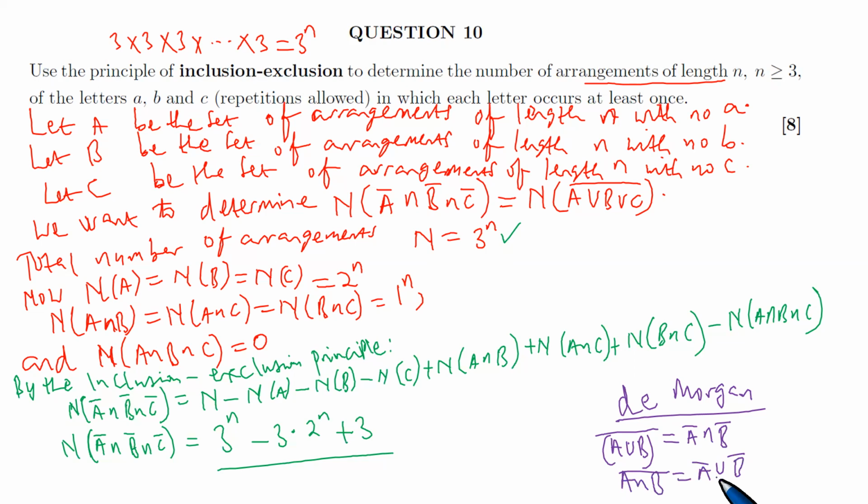I'm doing it for 2 sets here, but even 3 sets work. The intersections become the union when you take a common complement.